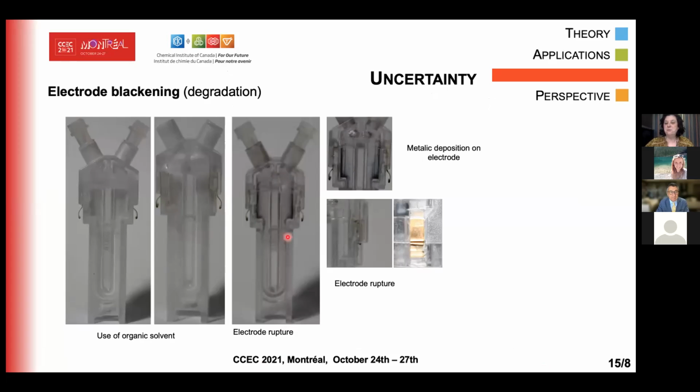I think I stopped here when I was talking about the dye and the damage of the particle and the disposable cell. If you use solutions that can damage the surface, or metal deposition that can be deposited on the electrode, and also you have to check that the electrode outside the cell is not ruptured, because all of this can introduce sources of error in your measurement.